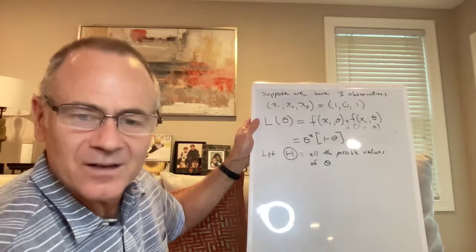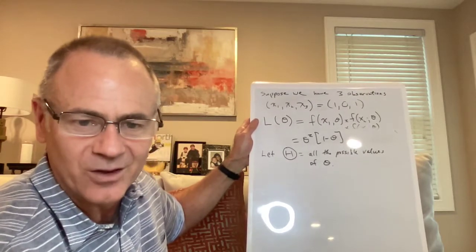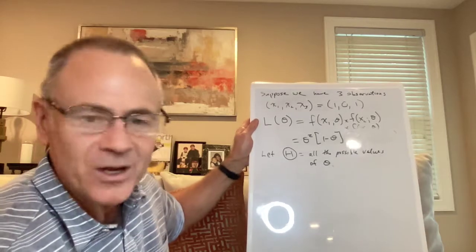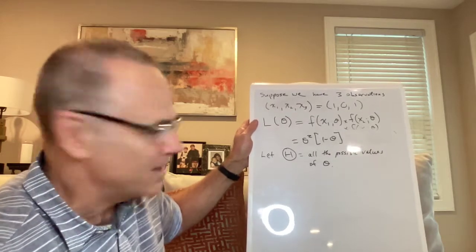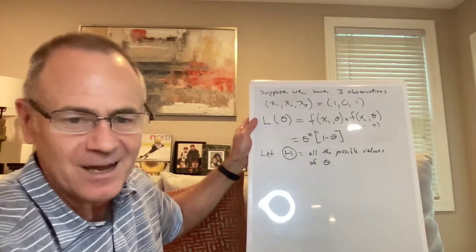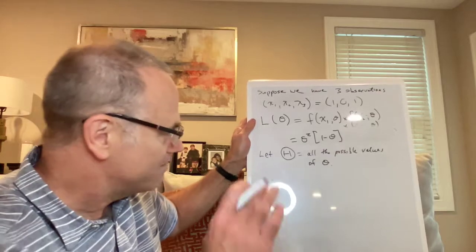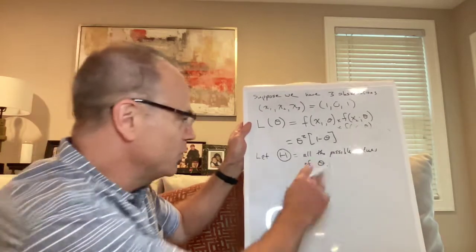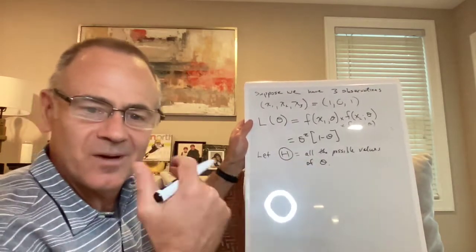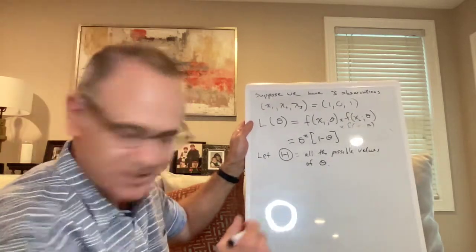But let's say it wasn't true. Suppose that somehow nature gave us a clue and said we can rule out certain values of theta. Suppose some magic genie came down and said, nature has chosen the true value of theta, but I'm going to give you a clue of what possible values it could be.